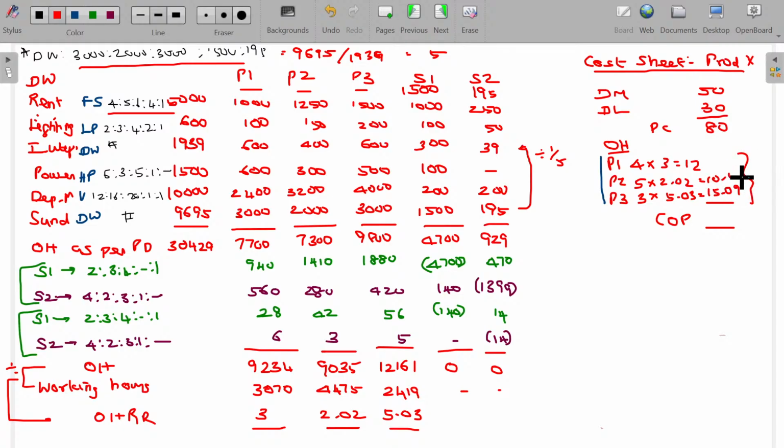Add up the total value, the total value being 37.19. Okay, 37.19. I add it with the 80. 117.19 will be the final answer. Is that clear? Make a note of it: 12 rupees, 10.1 and 15.09.